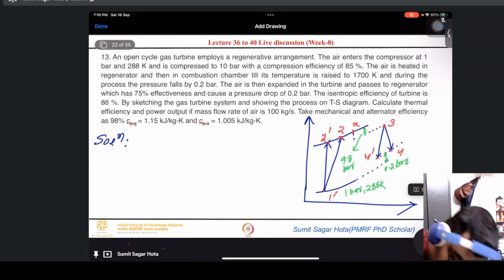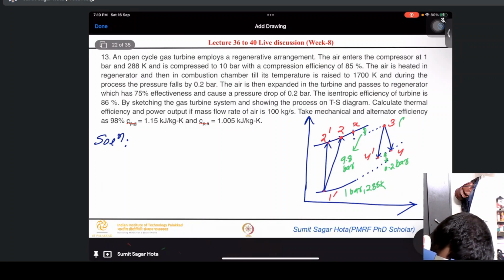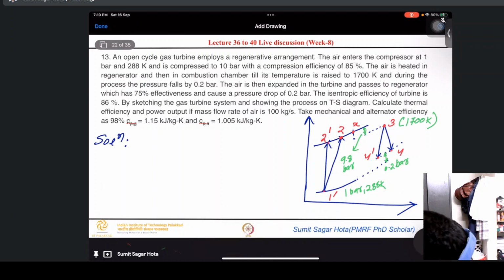Okay, this temperature 3 is your 1700 Kelvin. Okay, maybe here one point will be your y.